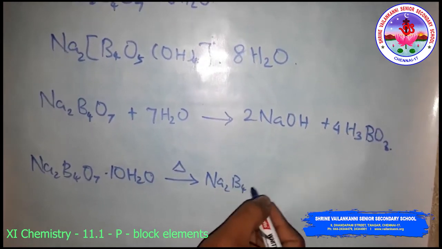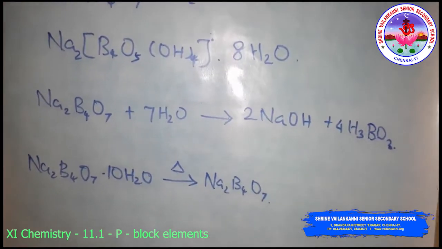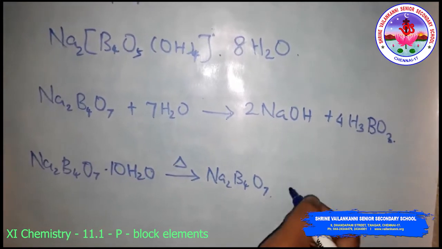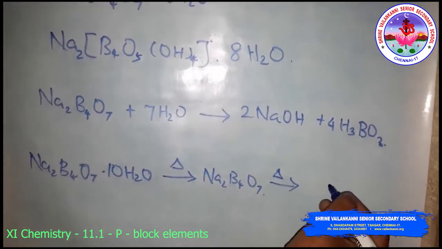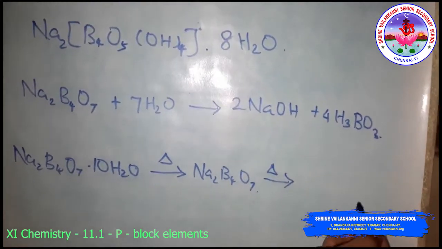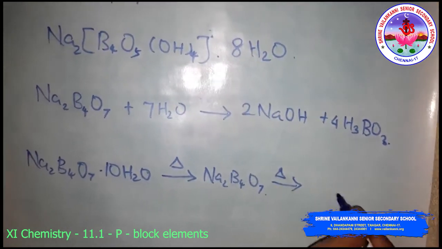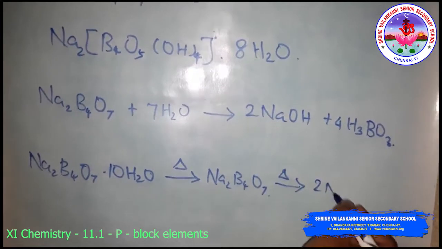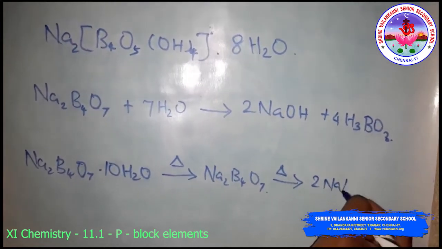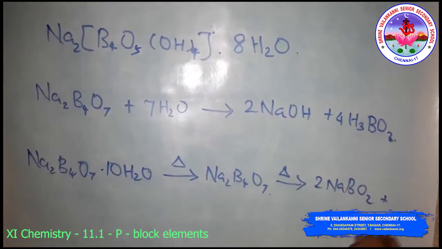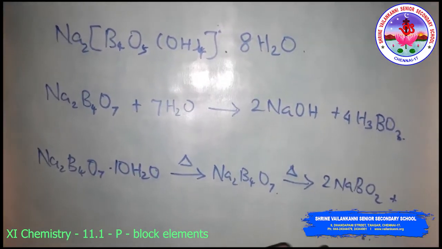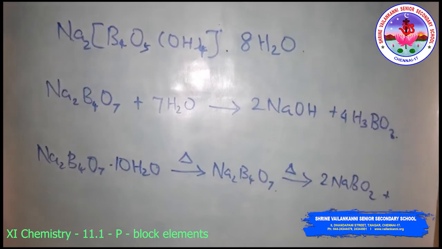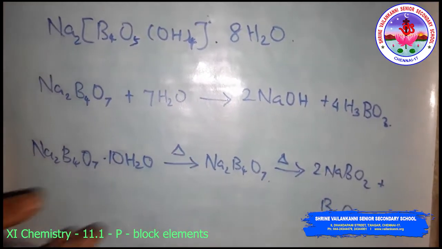Again, on further heating you will get boric anhydride: NaBO2 plus B2O3. This is boric anhydride. Anhydride means without water molecules.